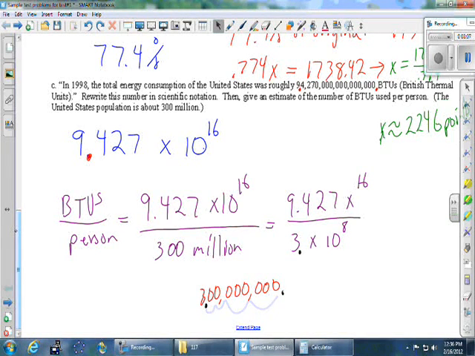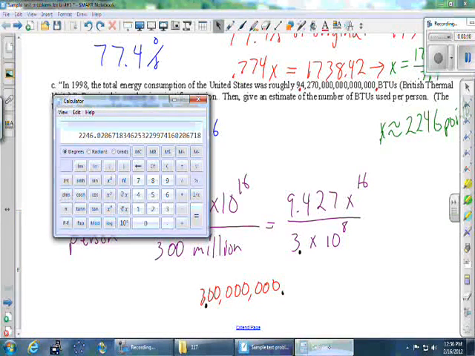And then we can type this on the calculator. So I've got 9.427 times, and then there's this 10 to the 16. So I think on this calculator, I'm going to do it in a funny order. I type in my 16, then I hit this 10 to the X button right above the mouse.